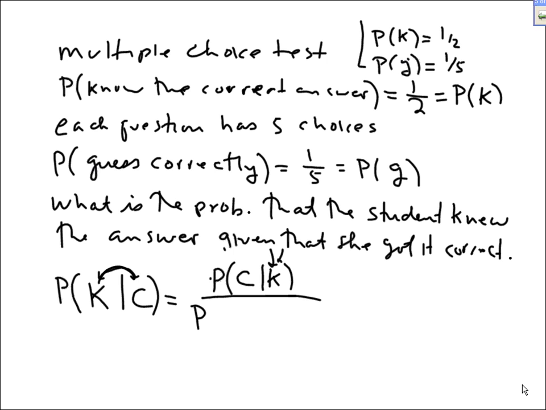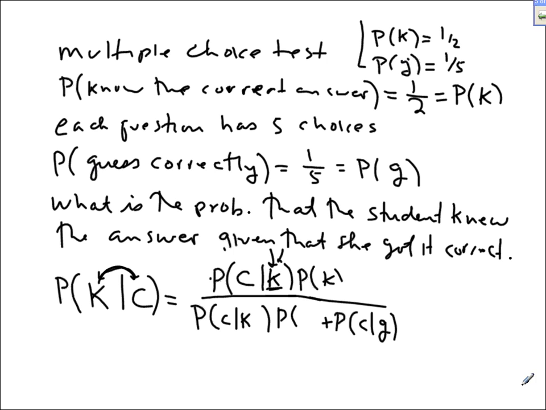So in the bottom, I'll put knowing it, and I'll put guessing. And for each of these probabilities, I multiply by P of that.